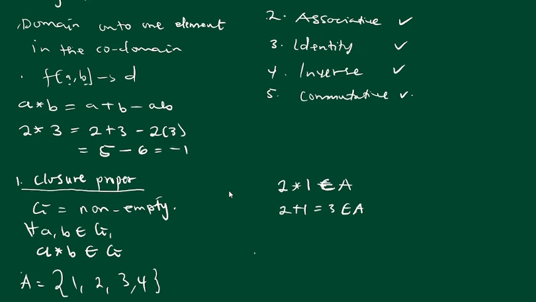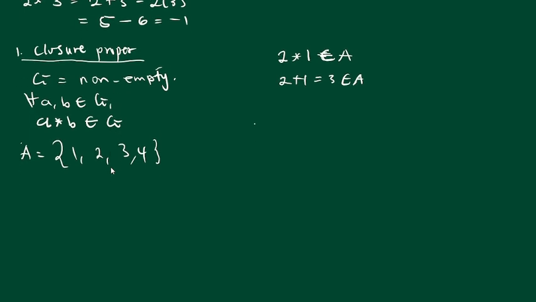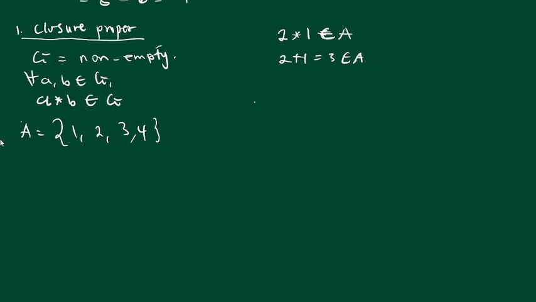Now let's talk about the next property, the associative property. Suppose we have G as a set, as we defined earlier.